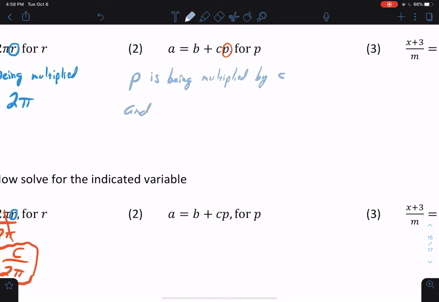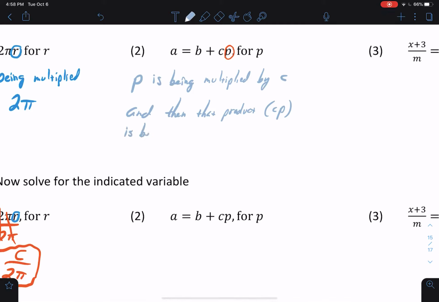And then that product, c times p, is being added to b. That's what's happening to p. And the end result equals a.